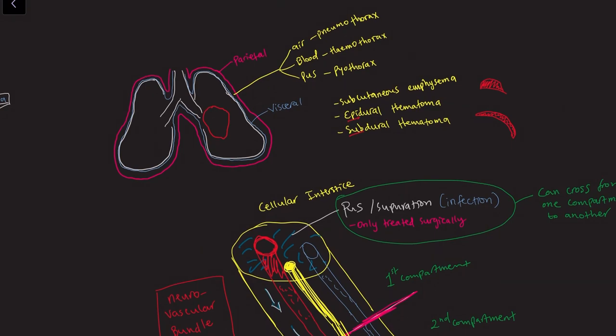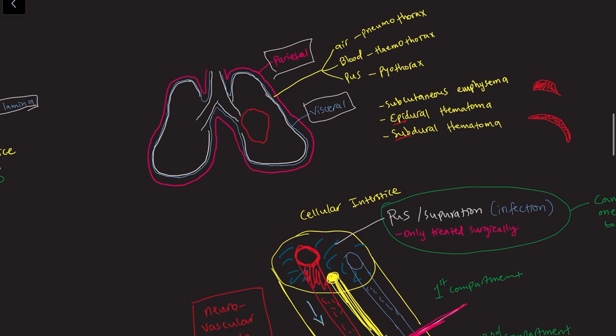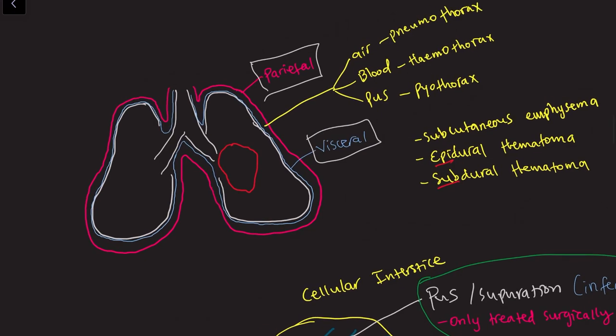Between the parietal and the visceral lamina of the fascia proper of the thoracic cavity, there is a potential space. That potential space is filled normally with a small amount of fluids.